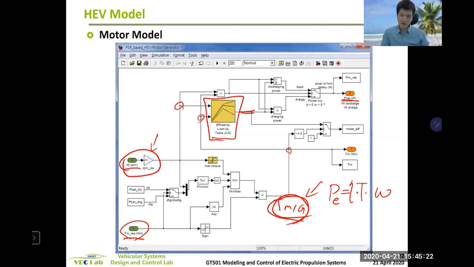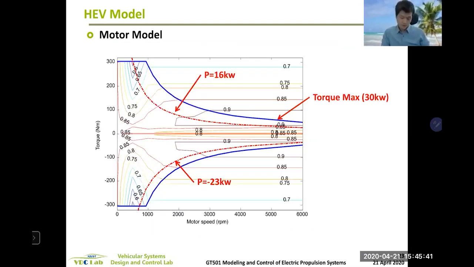Because the input was mechanical torque and speed, and the output, what we are trying to compute here, is electrical power consumption, okay? And this is that, PNAT, okay? These are just constraints, okay? This is what it looks like, the efficiency map.